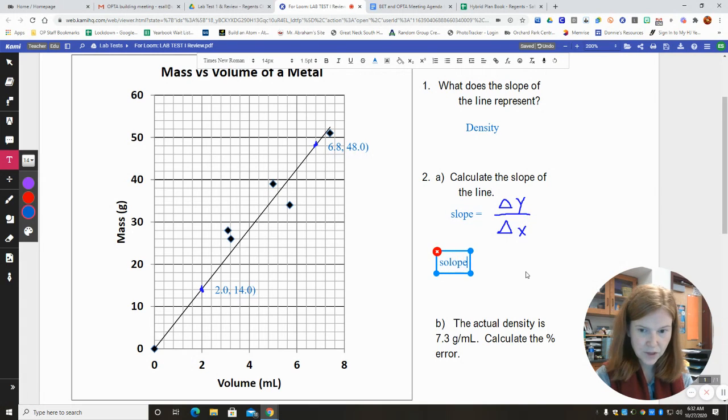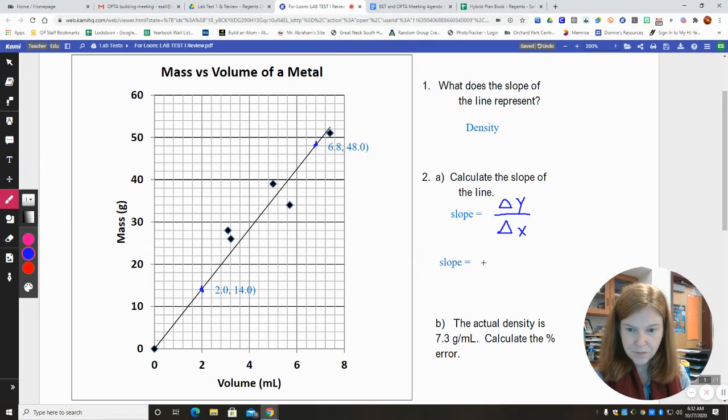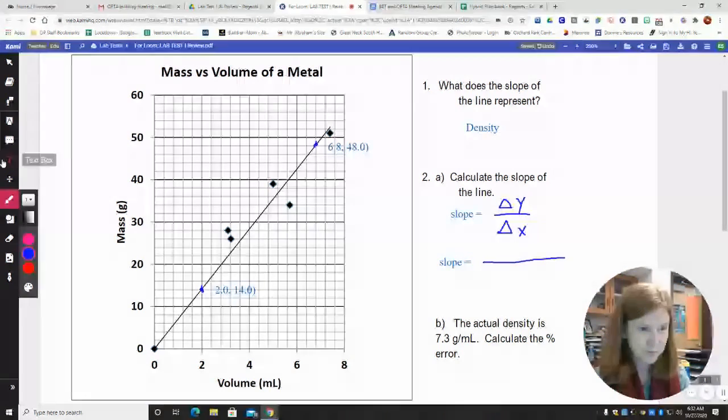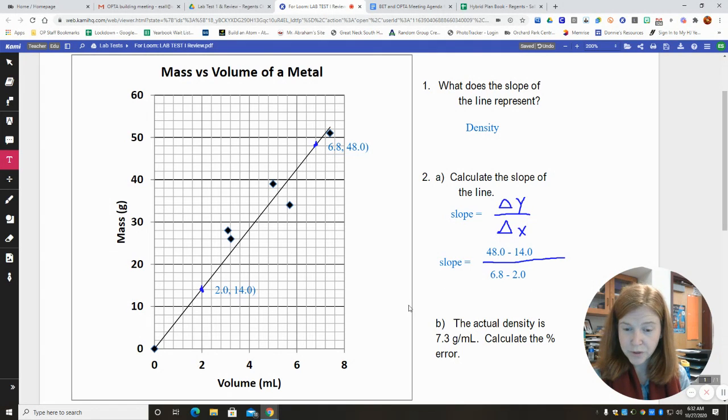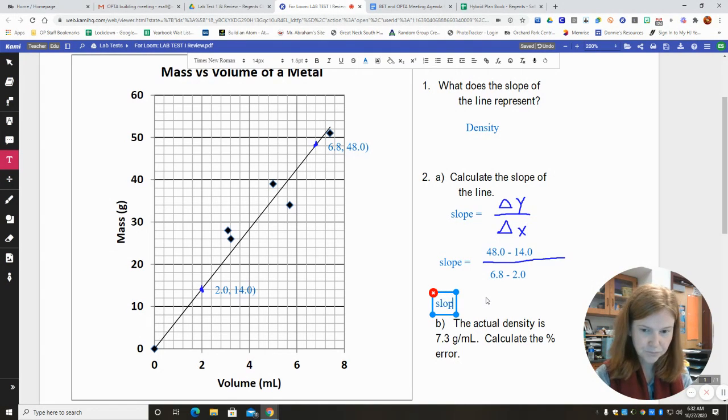So slope is going to be equal to change in y, so that would be 48.0 minus 14.0 in the numerator, and 6.8 minus 2.0 in the denominator. I do want to make sure that you show your substitution, okay?